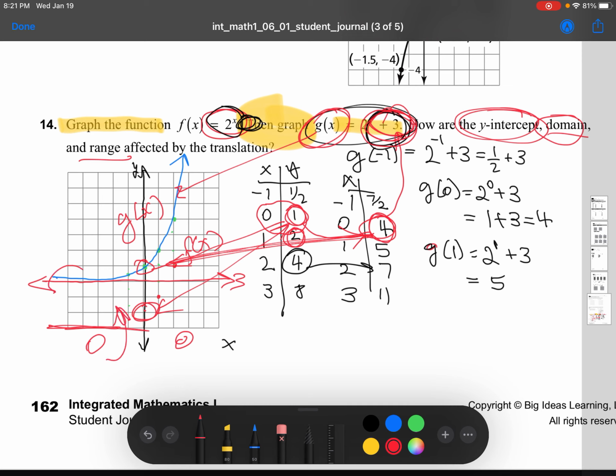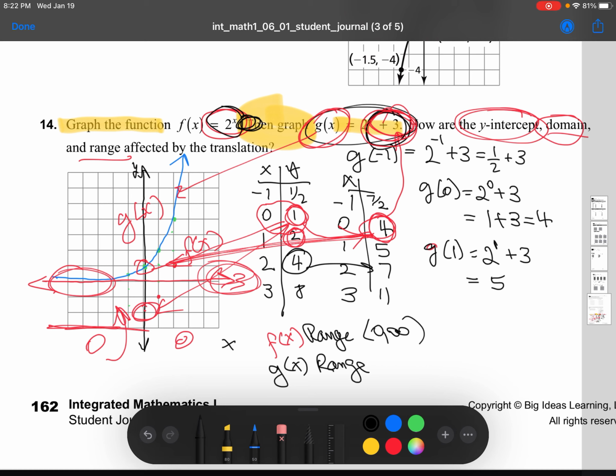Whereas this other one started at 3. So the range of f of x was from 0 to infinity. And for g of x, its range started at 3 and then goes to infinity and beyond.